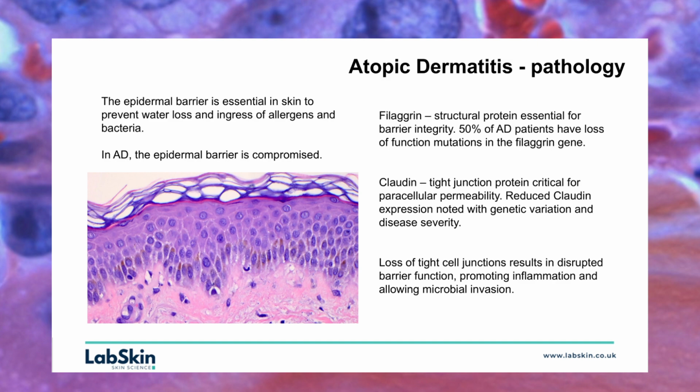Claudin is another important protein. It's a tight junction protein critical for paracellular permeability. Reduced claudin expression has been noted in atopic dermatitis patients with genetic variation and disease severity. Loss of tight cell junctions results in disrupted skin barrier function, promoting inflammation and allowing microbial invasion.